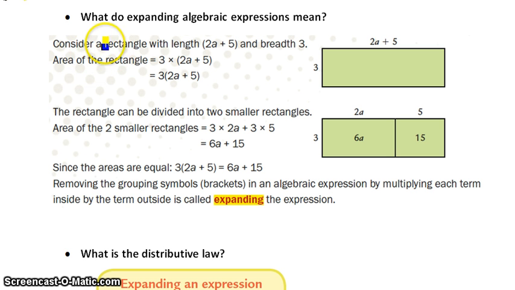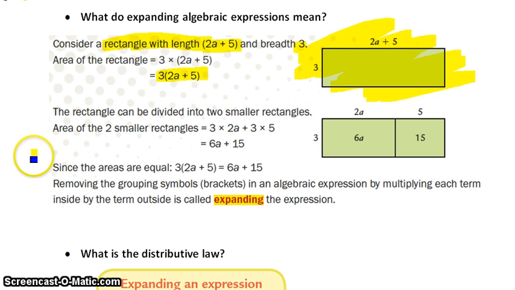So let's just say we have a rectangle. Here it is over here. Okay, with length 2a plus 5 and breadth 3. If I want to work out the area of this rectangle, I have to do 3 times that value. Okay, and this is what it looks like when I squash it together in algebra. Now I can then split that rectangle into two smaller ones.